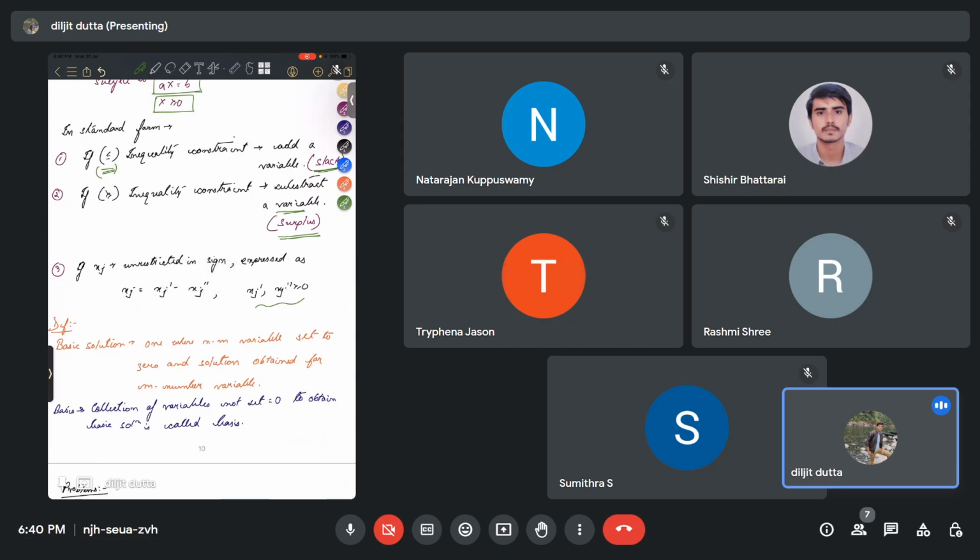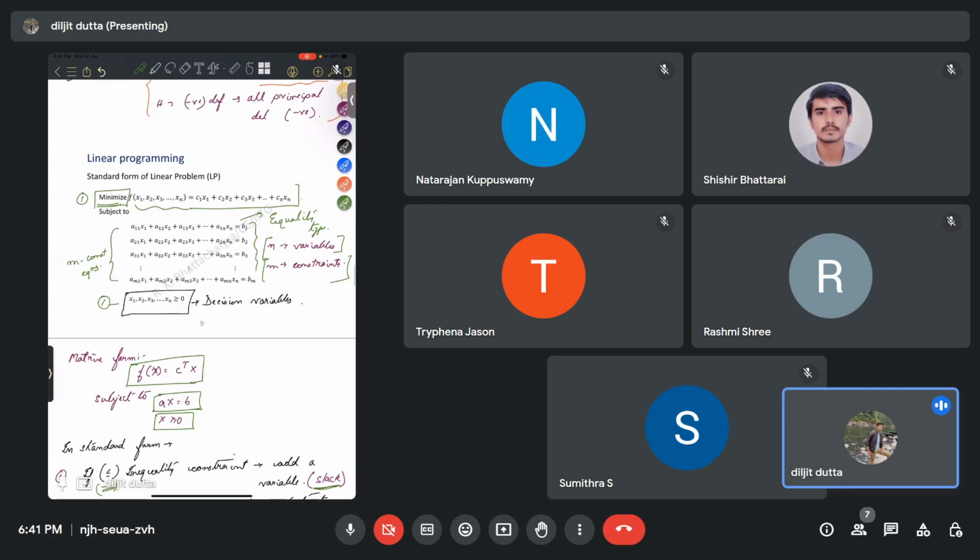So this is a basic minimization type of problem, and in this case we have said that there will be n variables and m constraints. Now, if m is greater than n, that is, the number of equations is greater than the number of variables, then we will have m minus n redundant equations.